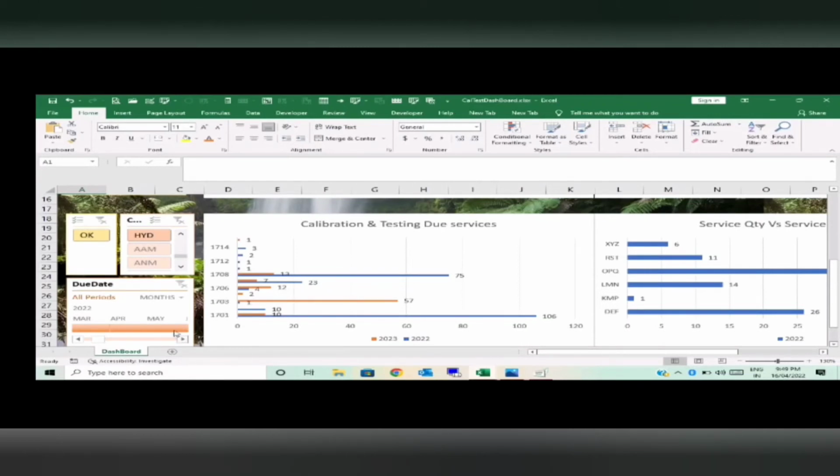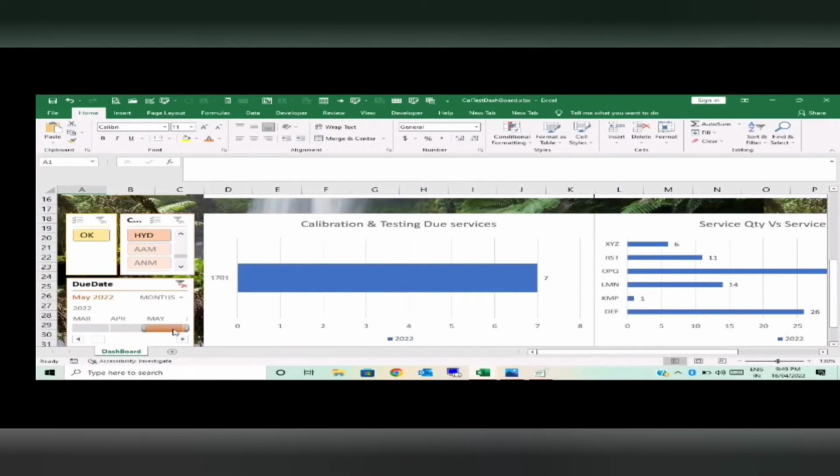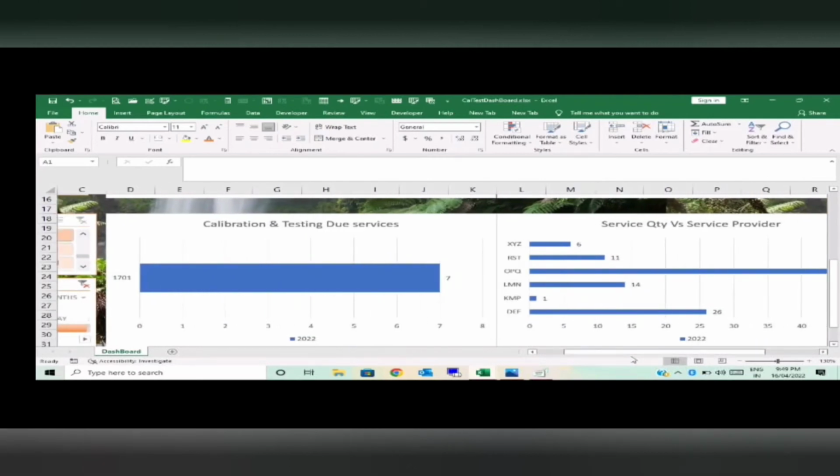Now if I click here on May, it indicates that 1701 assets require 7 testing services, which are going to be due by May 2022, right? So here the provider, friends. Here you can consider anything; it can be customized. This is the prototype I have made to make you understand.